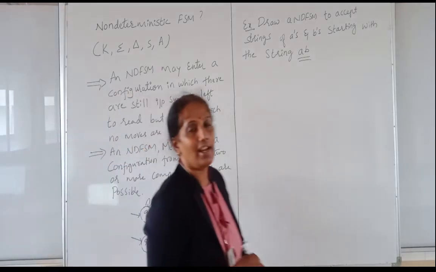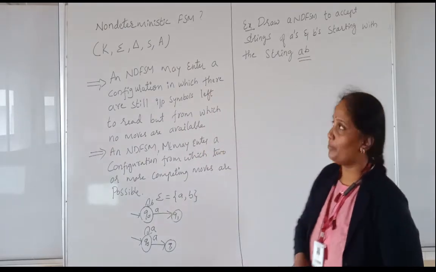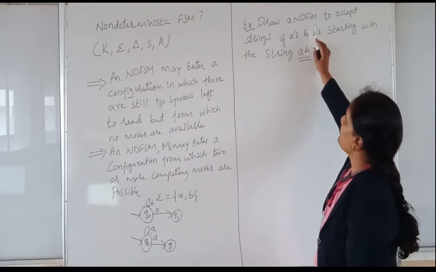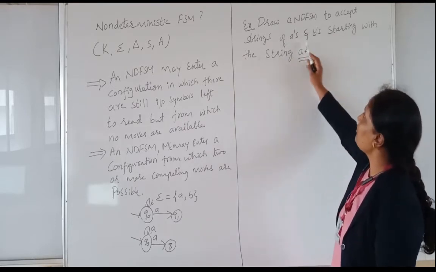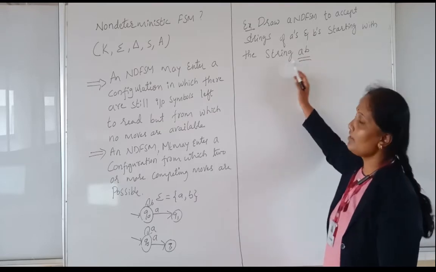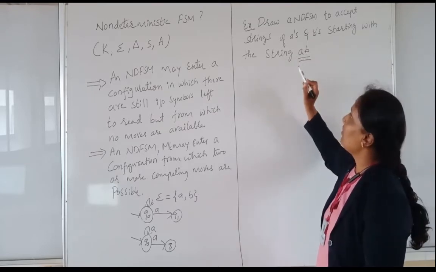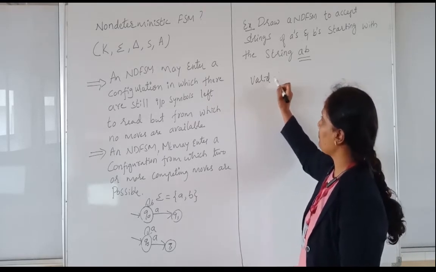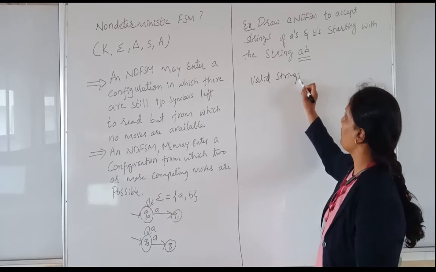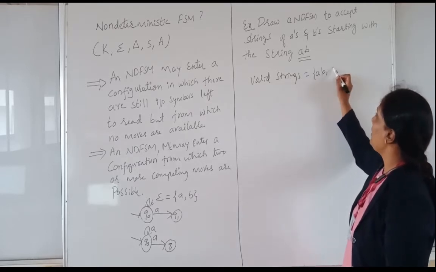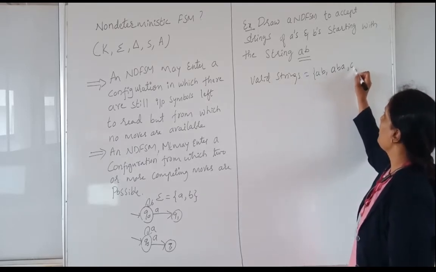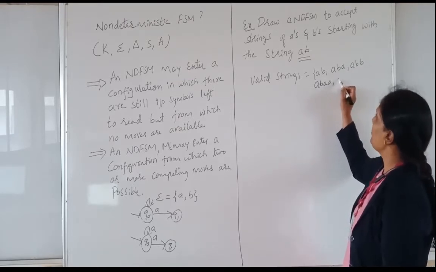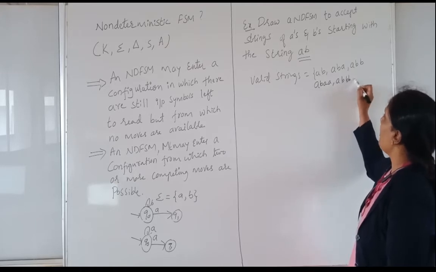We will take one example and see how to construct the NDFSM. Assume that the given language is strings of A's and B's starting with the string AB. What are the valid strings in the language? Valid strings are AB, ABA, ABB, ABAA, ABBB and so on.